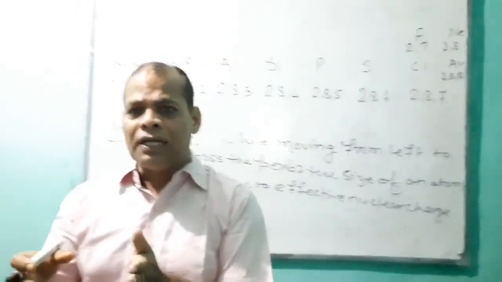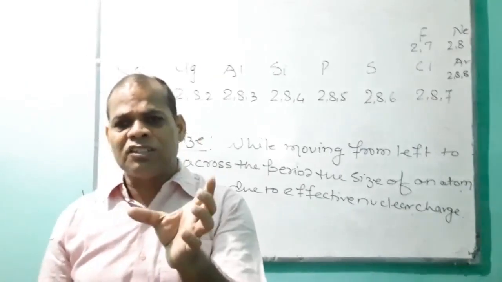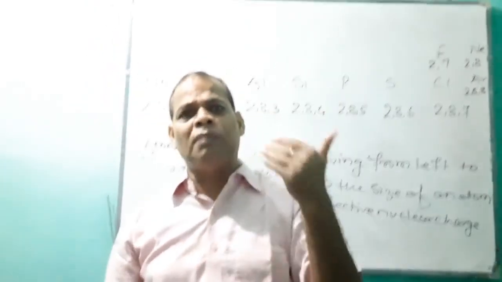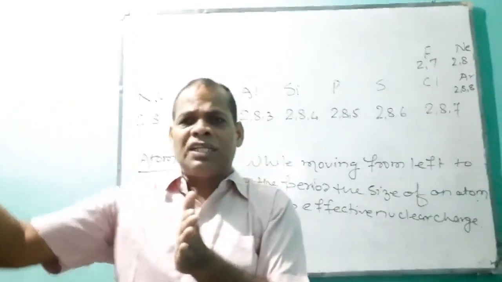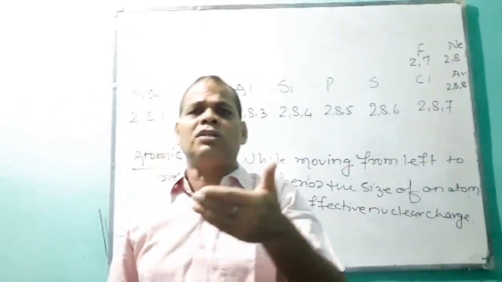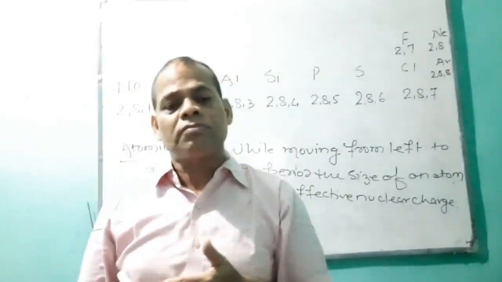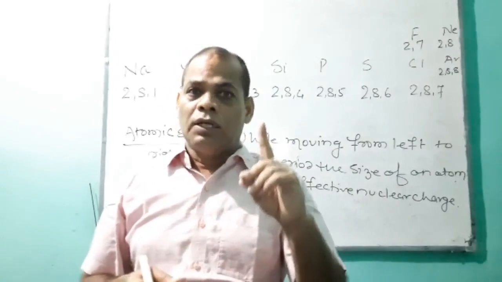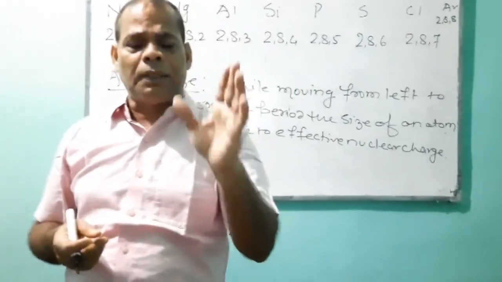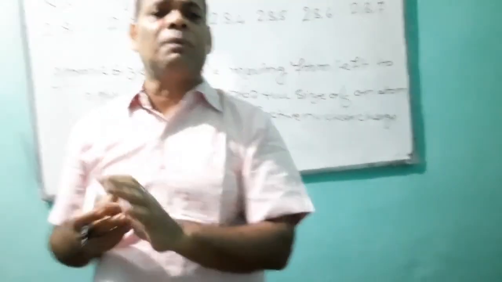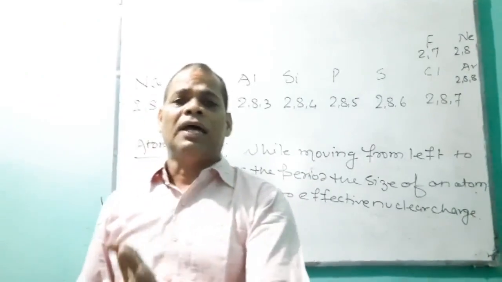On the other hand, for a non-metal, if the size is small, the nucleus welcomes the incoming electrons. If the size increases, the nucleus does not have interest in welcoming incoming electrons. So the physical as well as chemical properties depend on the size of an atom.